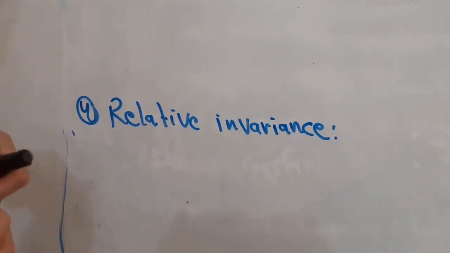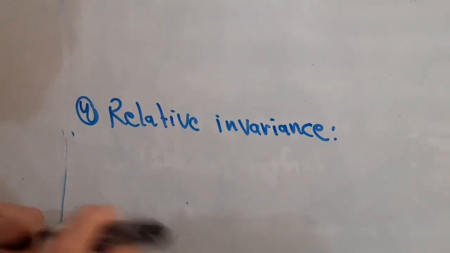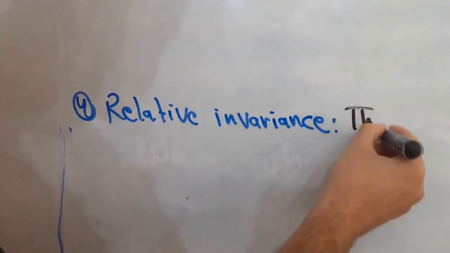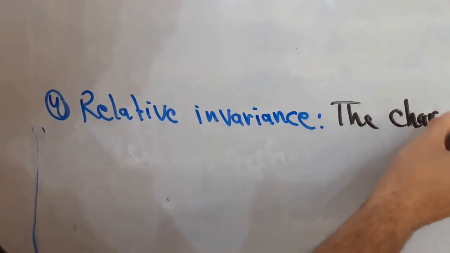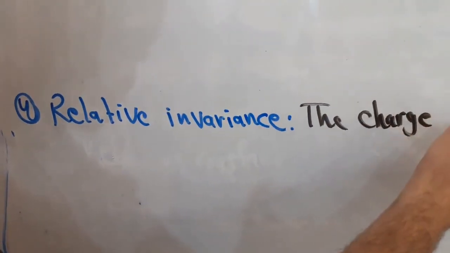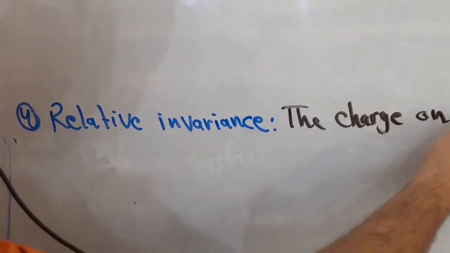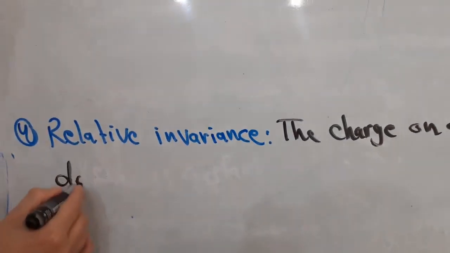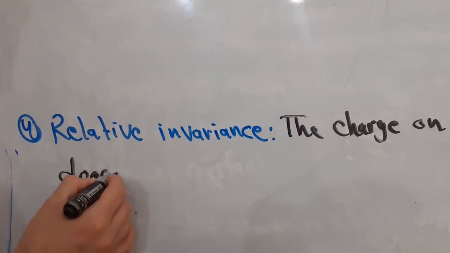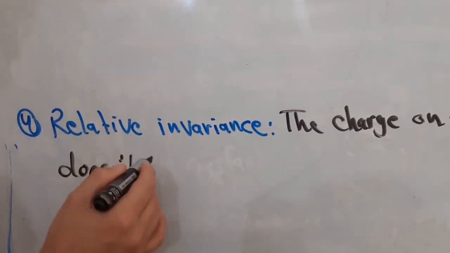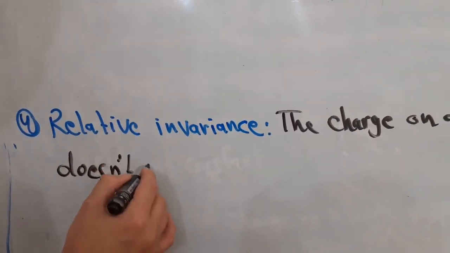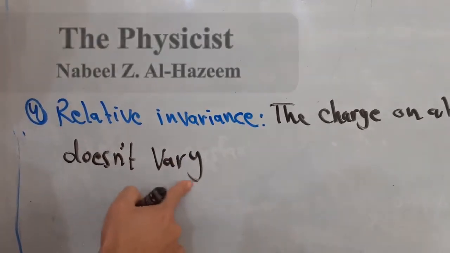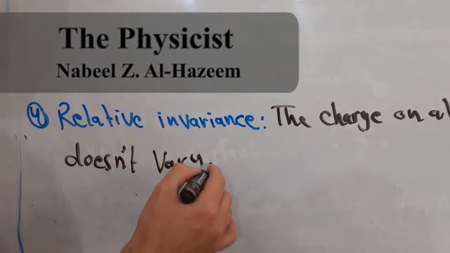Relative invariance. This means the charge on a body doesn't vary with the speed.